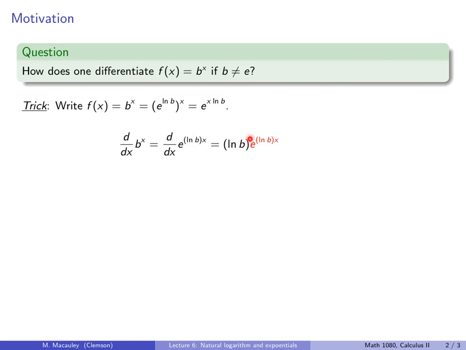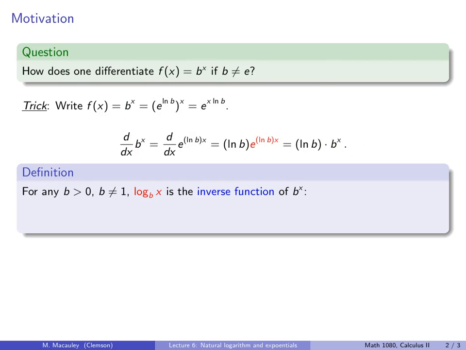And now this thing highlighted in red turns back into b to the x. So in summary, taking the derivative of an exponential function, you get the same function, but the natural log of b pulls out in front. Notice in the special case where b equals e, this is just 1. So we get our familiar rule that the derivative of e to the x is e to the x.